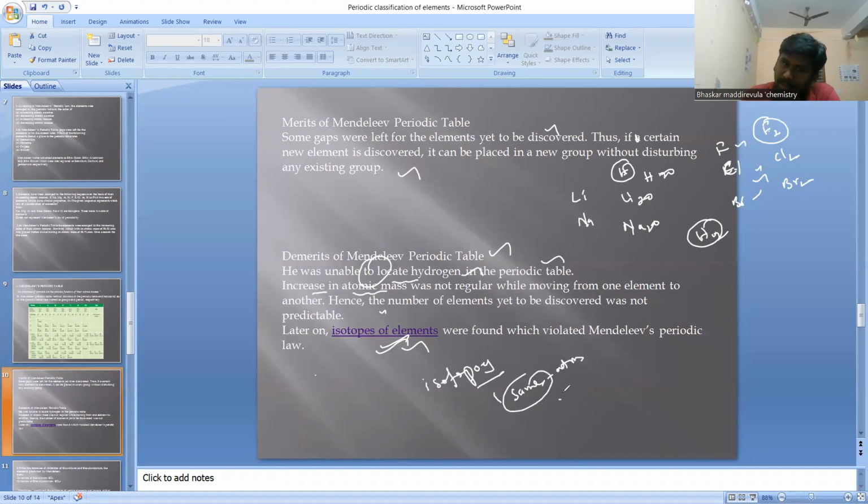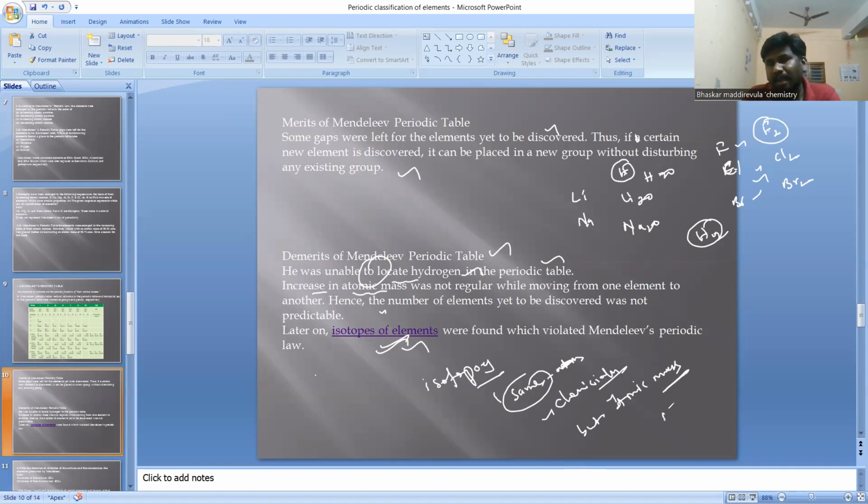Here we don't know the atomic mass; we will see that in the next case. Atoms of the same element have similar chemical properties but different atomic mass.